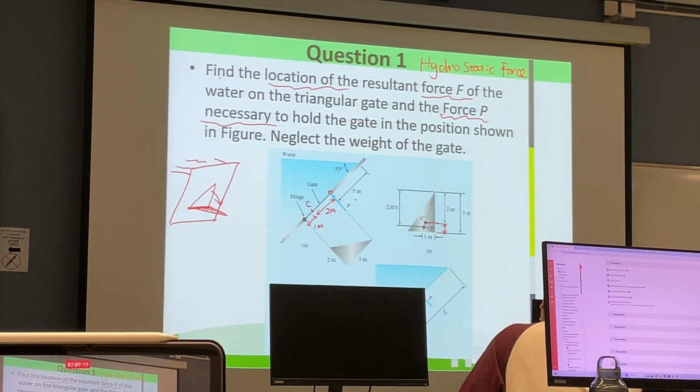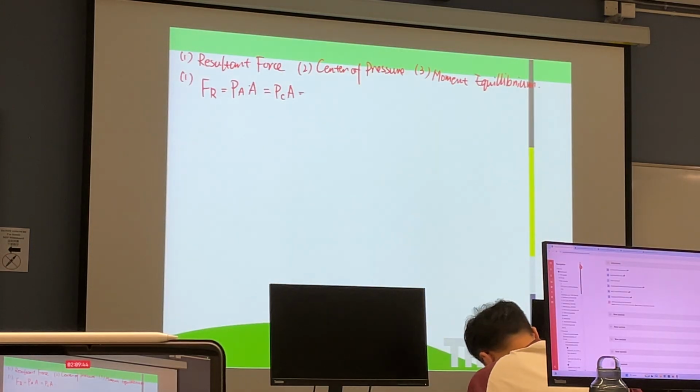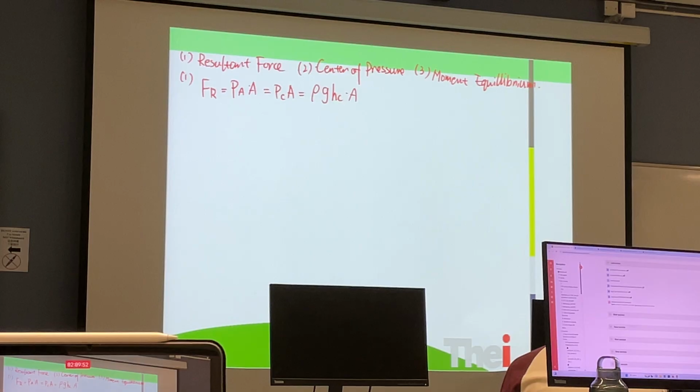All right, so we need to look for the HC. Suppose that the water surface is PATM. Then we may look for the pressure at point C by rho g HC times the area of the triangular gate.